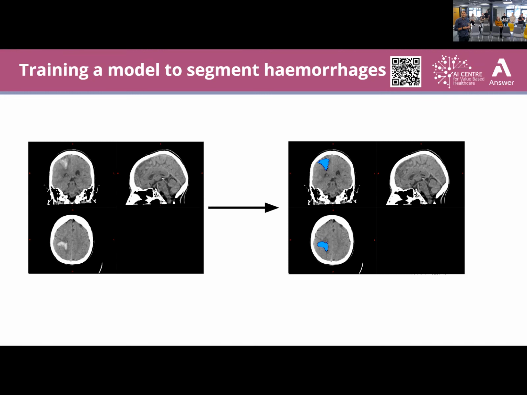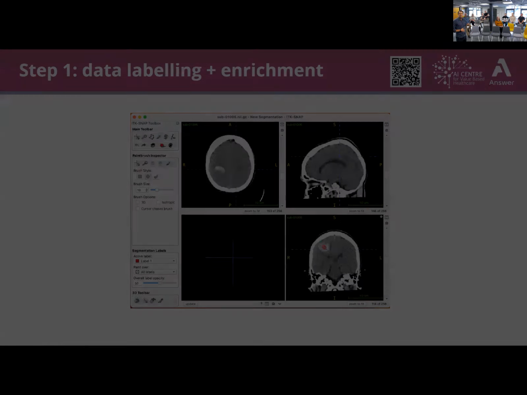The first step for training this on Flip is, let's imagine we've done our cohort queries. We've said we want all adults with suspected strokes who have also had CT data acquired, and we pulled that in, so at each site we've got that data available. Then the first step will be to enrich that data and get it ready for training your model.